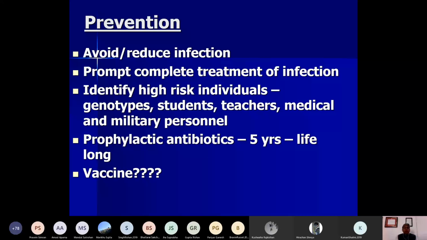Any guess? Anyone? Are there vaccines or are there no vaccines? Will vaccines be useful, or will vaccines not be useful to prevent rheumatic disease? Can anyone tell us anything, based on whatever pathogenesis you have studied so far?